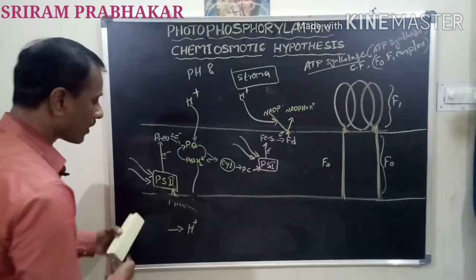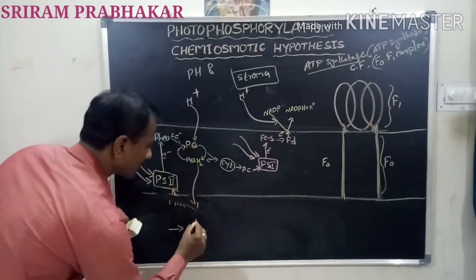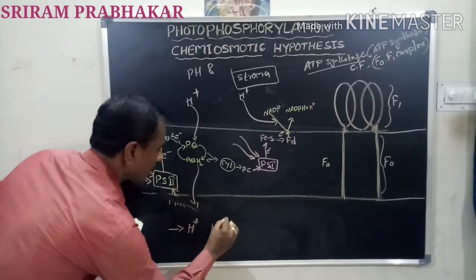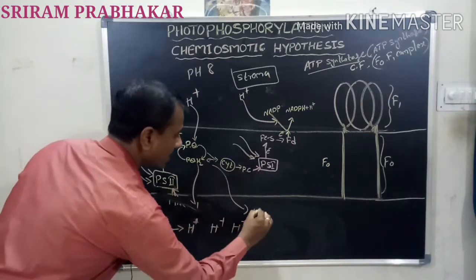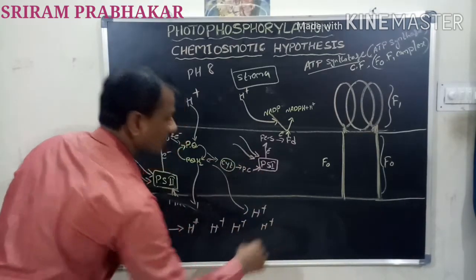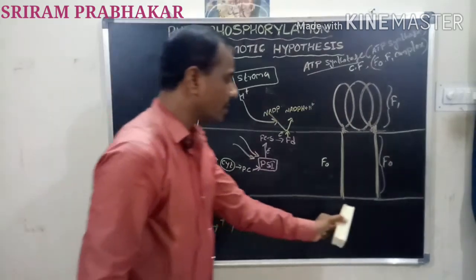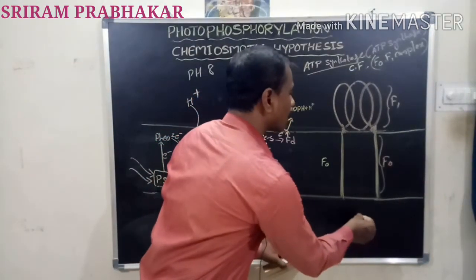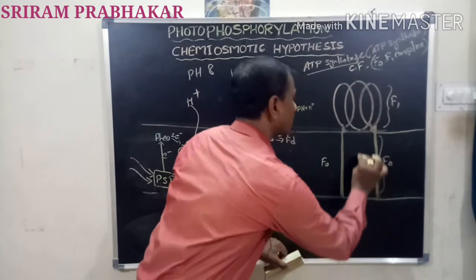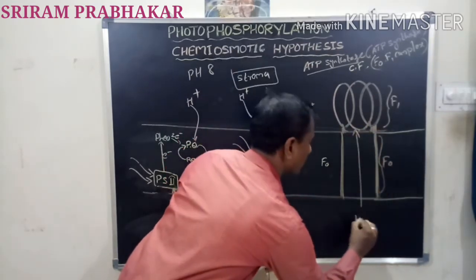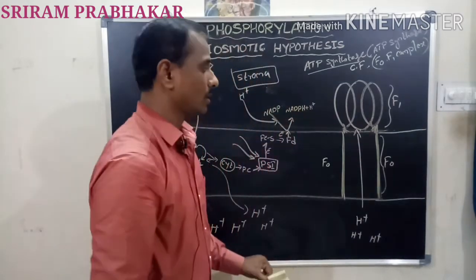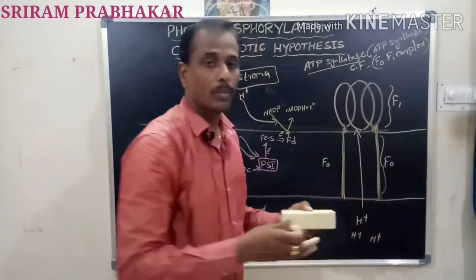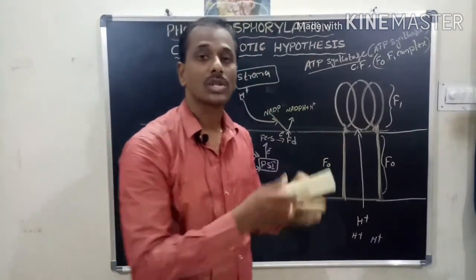H plus ions, from the splitting of water and from the quinone cycle. These H plus ions are transported through this F0 complex, which acts as the proton bridge, the proton channel.